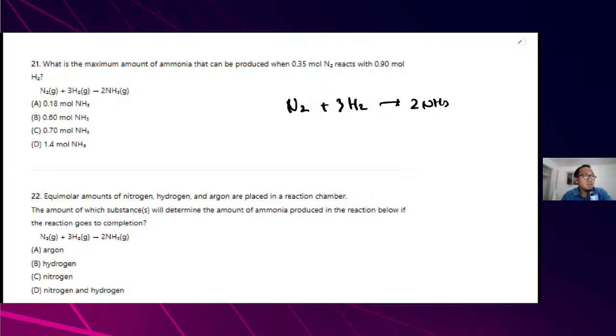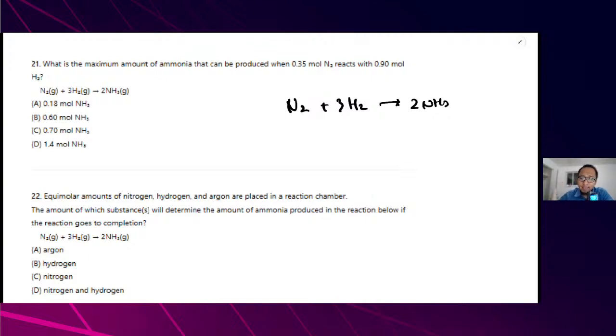Okay, so now determine the limiting reactant first. We compare what we have to what the reaction needs. The equation tells us that 1 mol N2 reacts with 3 mol H2.